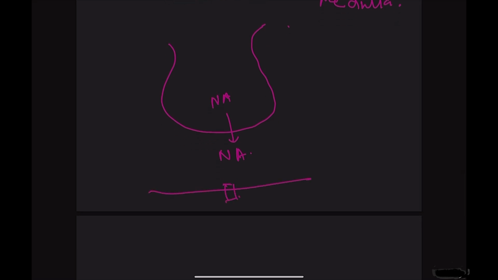Okay, and it can be taken up by the norepinephrine transporter back to the nerve terminal, and here this noradrenaline can be metabolized by monoamine oxidase. Okay, it can also be metabolized by catechol O-methyltransferase when it is absorbed into the plasma.